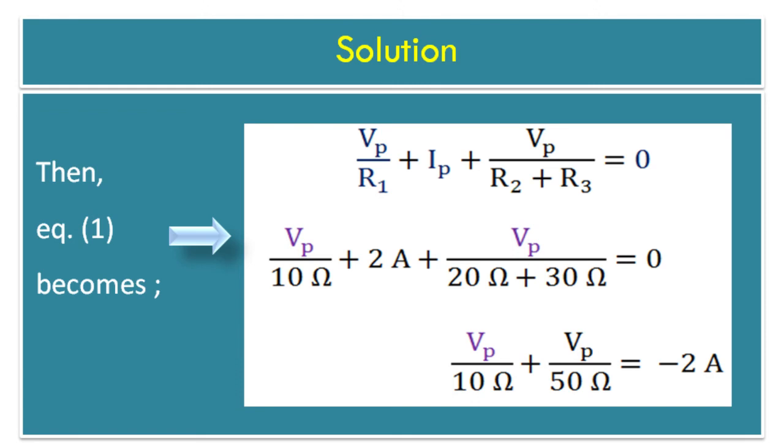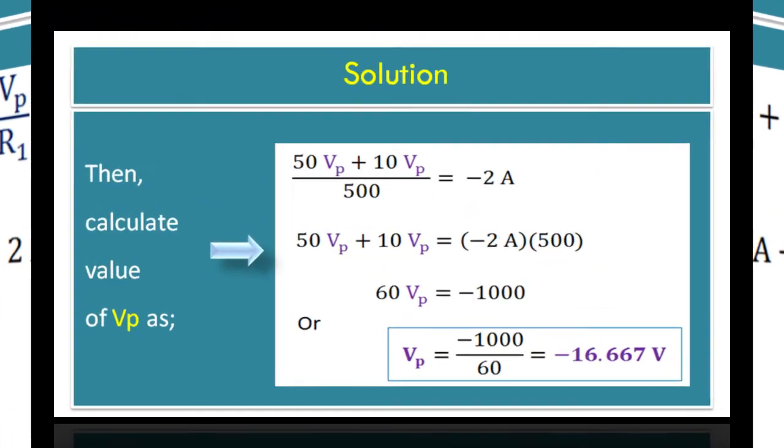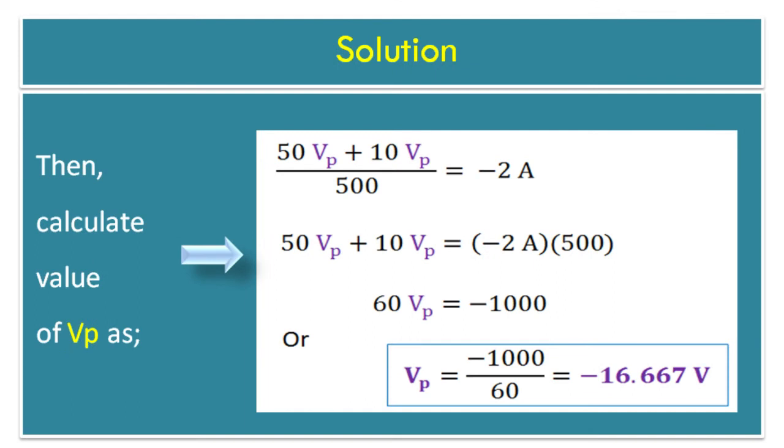Now substitute values of IP is equal to 2 ampere, R1 is equal to 10 ohm, R2 is equal to 20 ohm and R3 is equal to 30 ohm. We get the simplified equation: VP upon 10 ohm plus VP upon 50 ohm is equal to minus 2 ampere. Now calculate the value of VP.